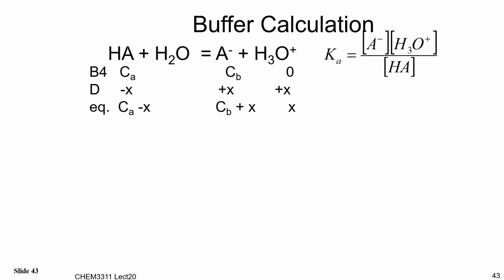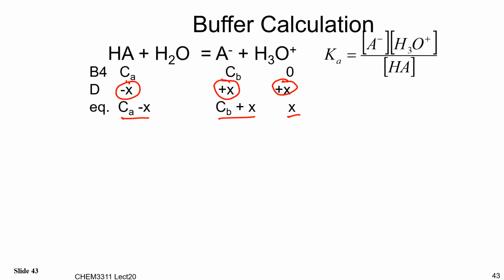This time we start off with Ca of the acid and Cb of the base. We subtract X from Ca because it's a reactant, it's disappearing. We add X to Cb because it's a product, it's appearing, and we get X of hydronium ion. So at equilibrium we have Ca minus X, Cb plus X, and X.